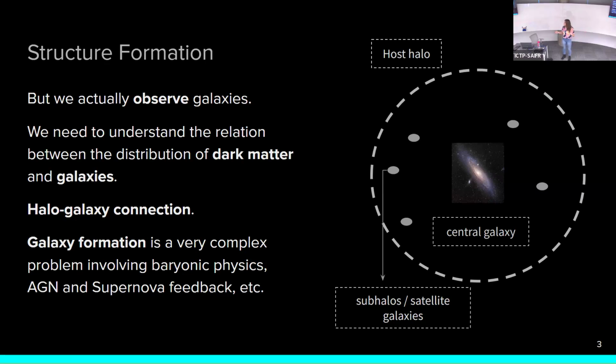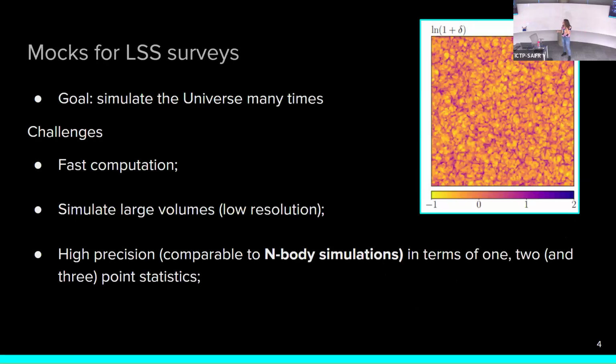Now let me be a bit more specific in my motivation. When we study cosmology and large-scale structure with cosmological surveys, we need what we call mocks for large-scale structure, meaning we have to mimic, to simulate our observed universe. For example, we could use N-body simulations, because we have initial conditions and we can evolve them using some equations. But these are really expensive and we need to cover a very large volume.